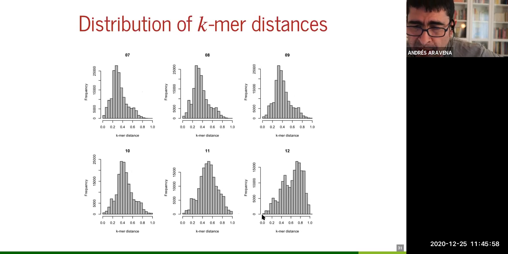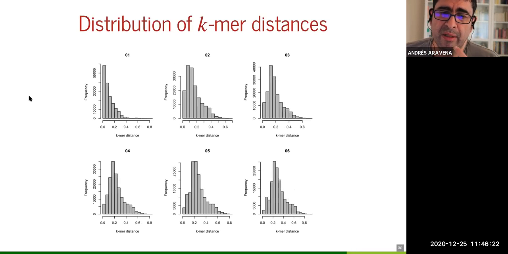So look what happened here. With k-mer 12, you have very few organisms that are different and have the same profile. The profile of k-mer frequencies for k equal 12 is very different between different organisms. They tend to be like 80% different.